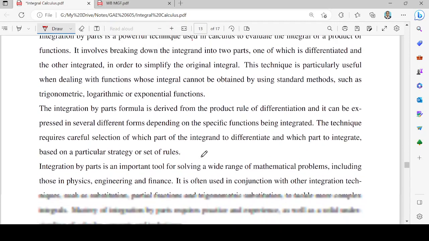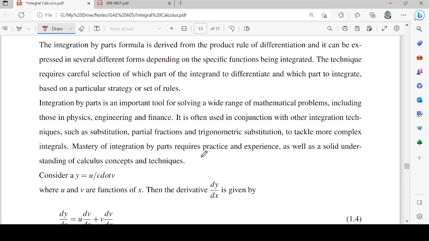The technique requires careful selection of which part to integrate and which part to differentiate based on the particular strategy or set of rules. So the method is an important tool for solving a wide range of mathematical problems, which includes those in physics, engineering, and finance.